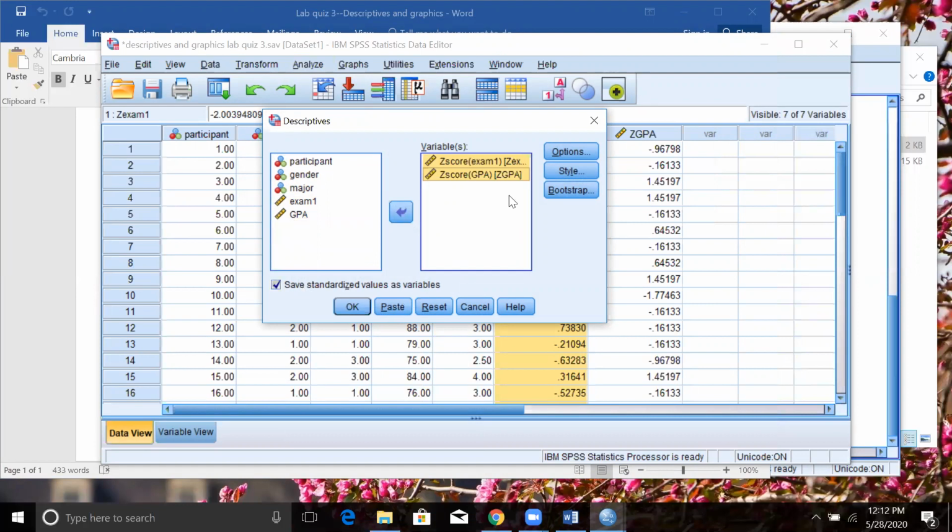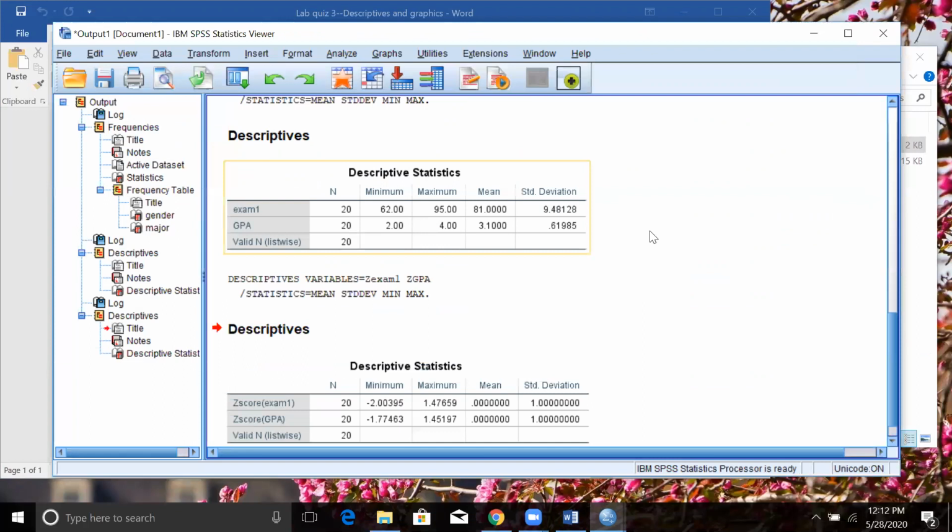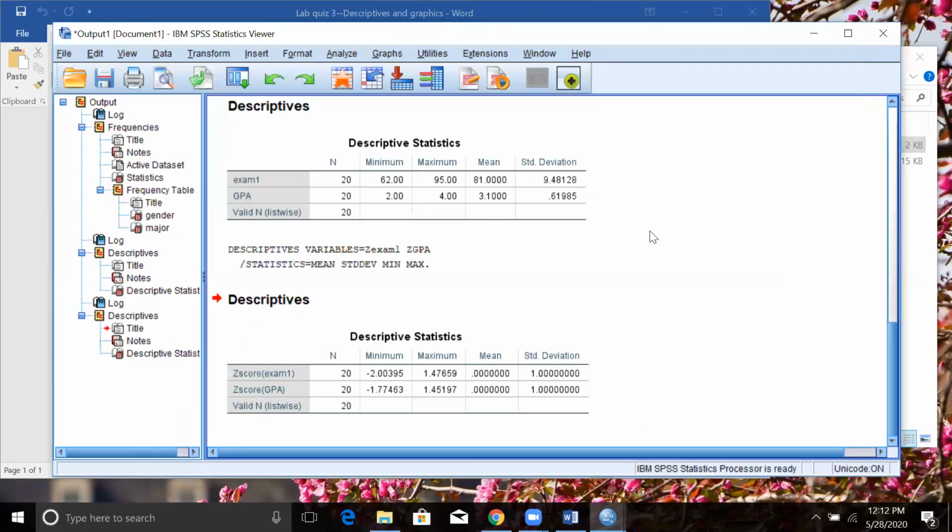You can. It'll just copy and paste the same information over again. All right. So whereas the mean and standard deviation for the unstandardized exam and GPA variables, what do we see is true about the descriptives for your z-scores for exam 1 and GPA?